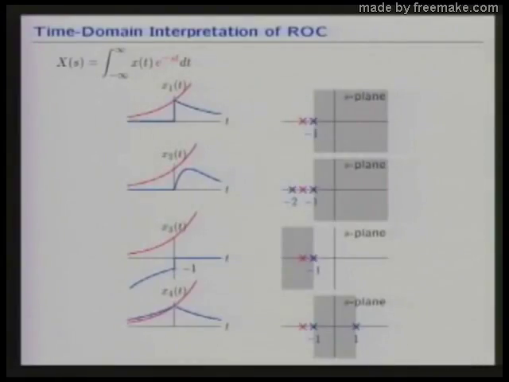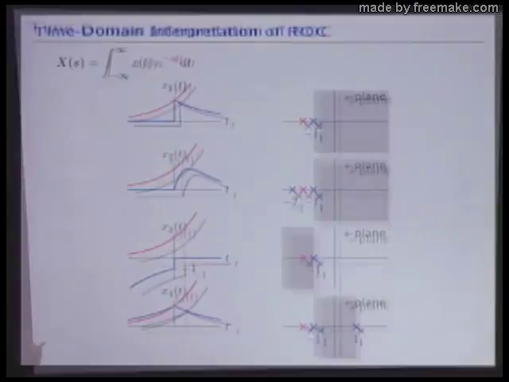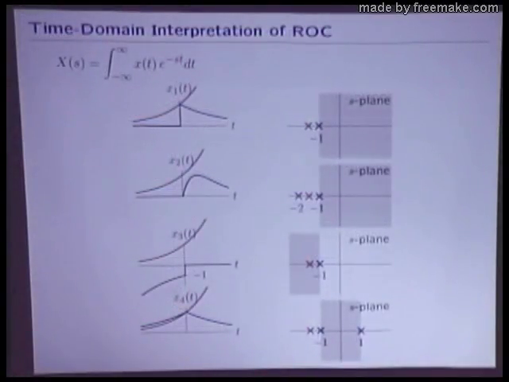If I make an even bigger pole, so say I put the e to the st at minus 1.5, then that is fast enough that it breaks the product. The product is no longer integrable. This divergent trend is enough to make it diverge. I'm not in the region anymore.